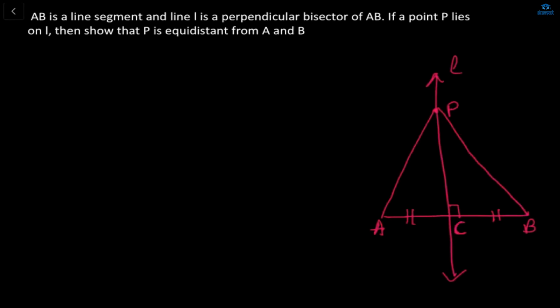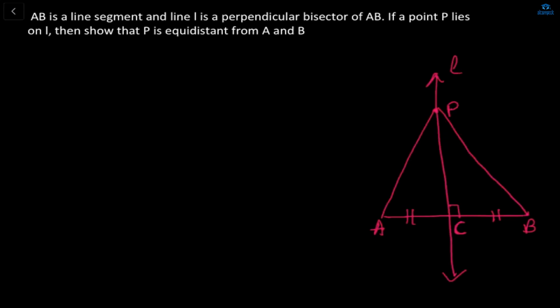Since it's a straight line, 90 plus angle ACP is equal to 180, hence angle ACP is equal to 90 degrees. And the line PC is common. So both triangles are congruent, and using CPCT, both of the lines are equal to each other.